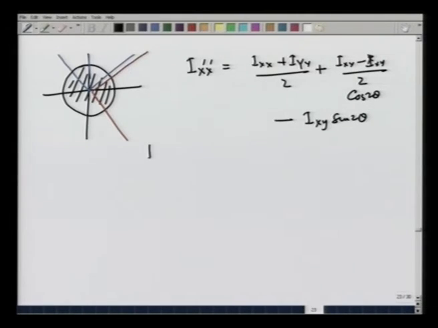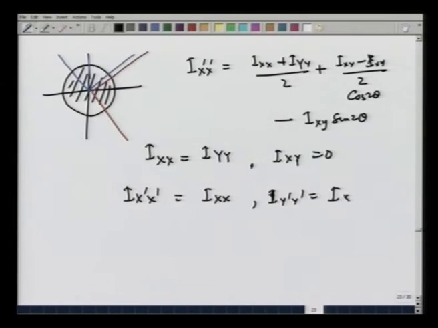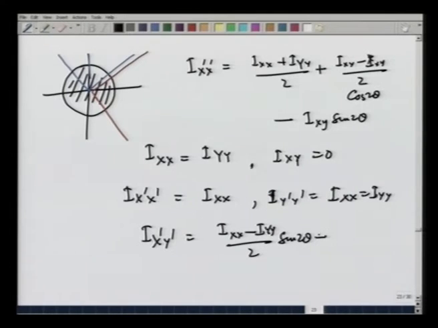Now, for a circular area, I x x is equal to I y y, and I x y is 0, and therefore, I x prime is going to be equal to I x x, and I y prime is also going to be equal to I x x equals I y y, and I x prime y prime which is equal to I x x minus I y y divided by 2 sine of 2 theta plus I x y cosine of 2 theta is also going to be 0. This is expected for a circle.